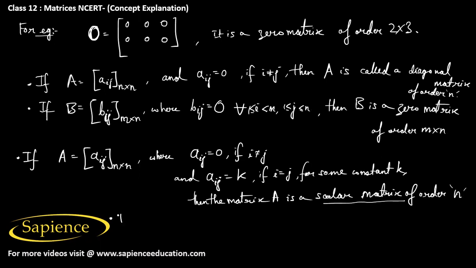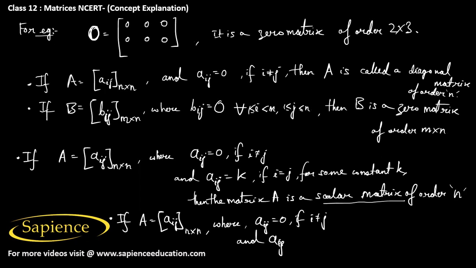Then the next is that if we have the matrix A equal to Aij, n cross n, where Aij equals 0 if i is not equal to j and Aij equals 1 if i equals j, then the matrix is called an identity matrix of order n.